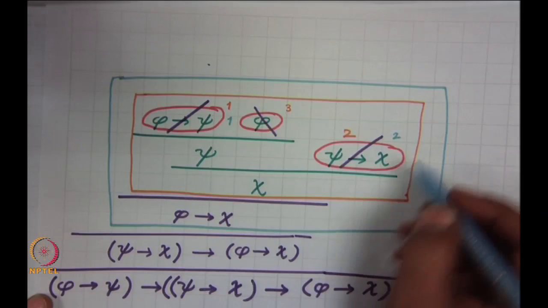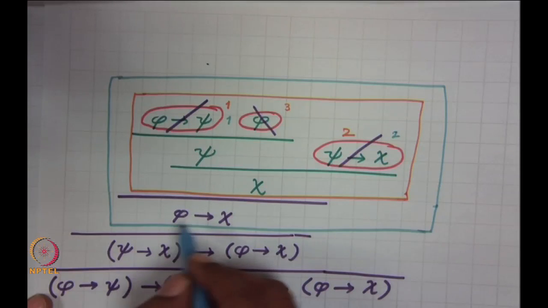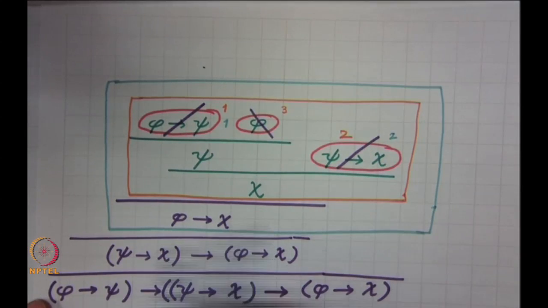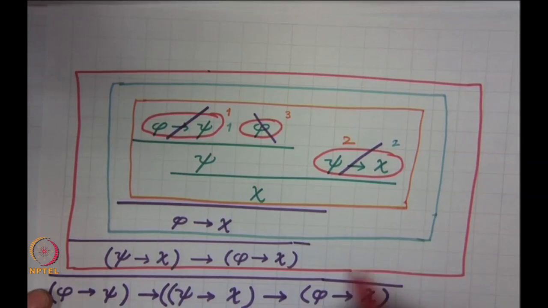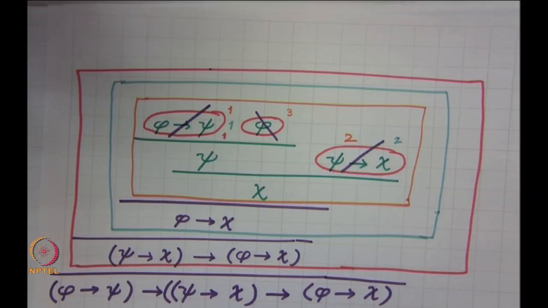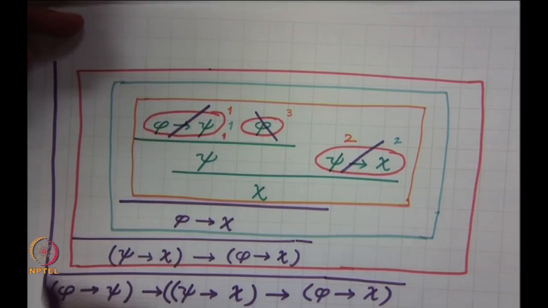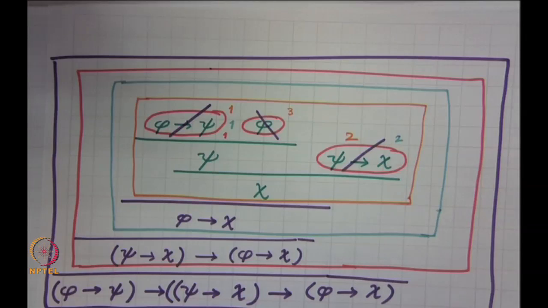Then when I discharge this psi arrow chi, I get another scope in which this is gone and there is only the assumption 1, and the outermost scope, for which I have run out of colors, is essentially this outermost scope which has no assumptions.